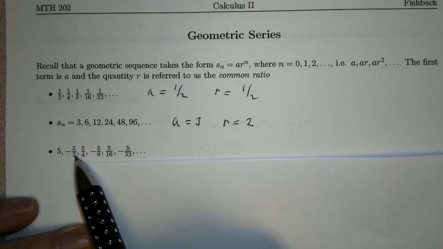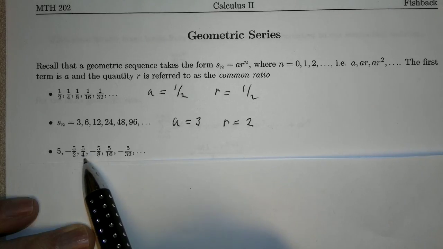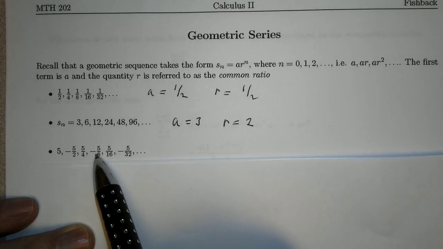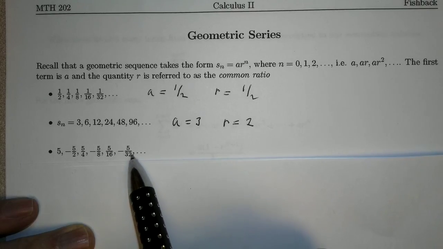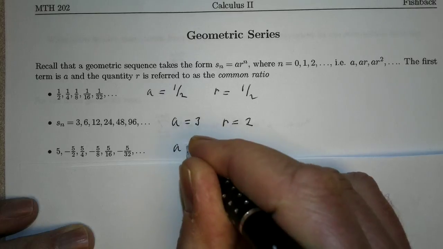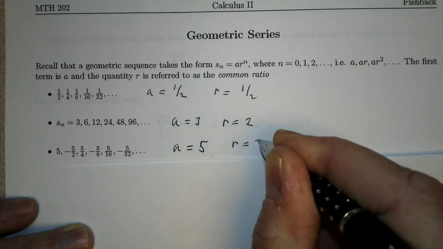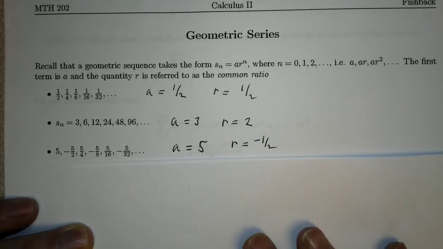What do I multiply minus 5/2 by to get 5/4? I multiply by minus a half. If I multiply this by minus a half, I get minus 5/8. If I multiply this by minus a half, I get 5/16, and so on and so forth. So in this case, a is 5, and the common ratio is minus a half.